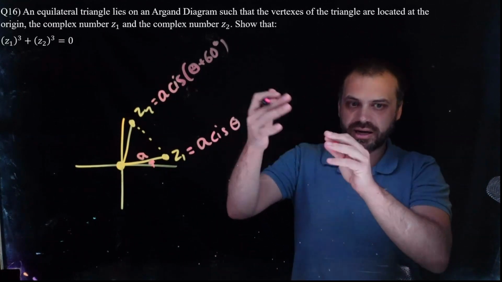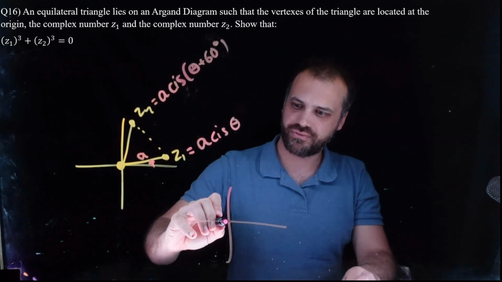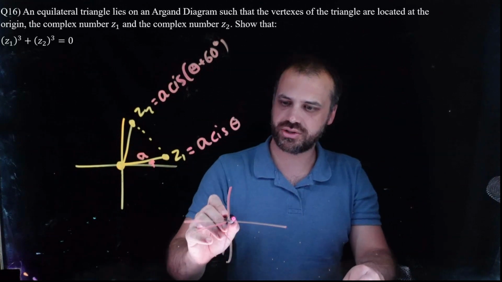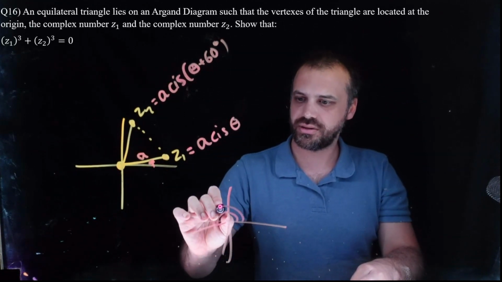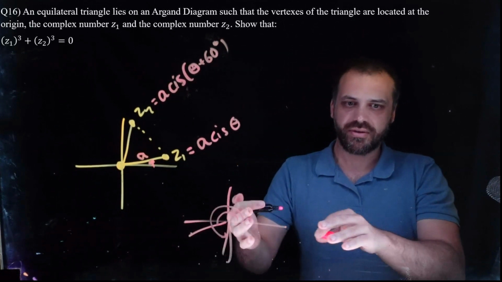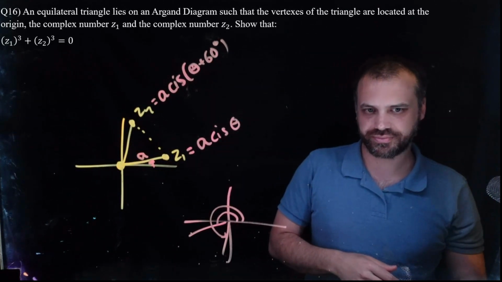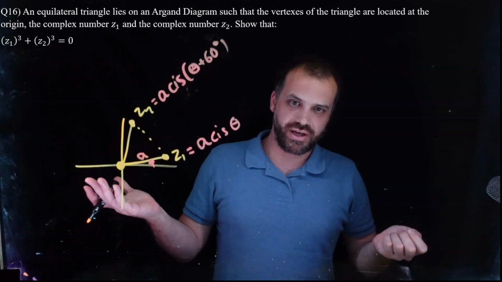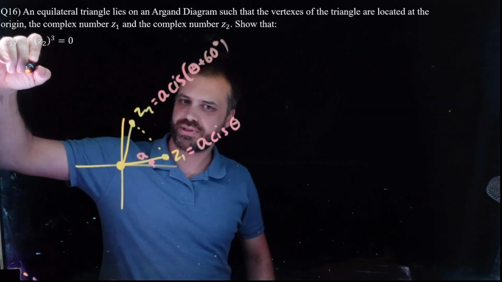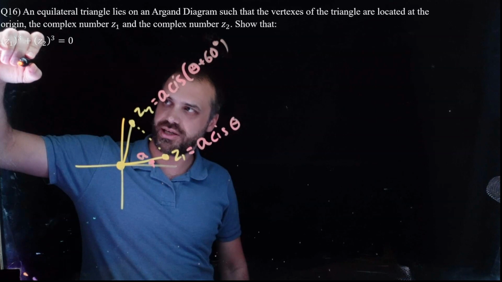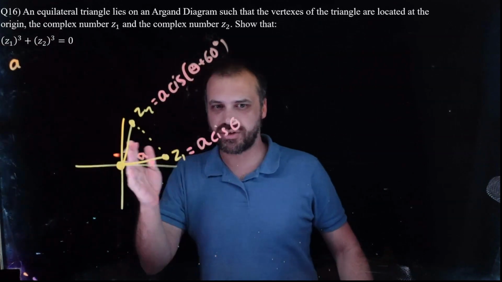And again, this wouldn't matter where we were. If this was Z1 and this was Z2, theta plus 60 degrees. They're related to each other by that additional 60 degrees. This question practically solves itself now, I think. So we've got Z1, which is A cis theta. Or let's write it left-hand side, right-hand side.